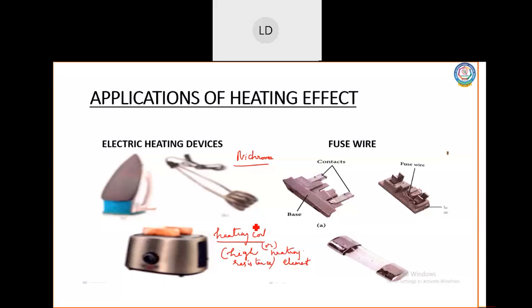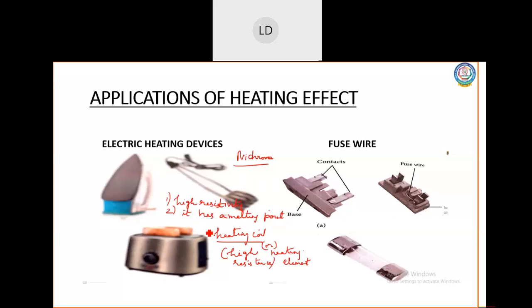Why do we use nichrome wire? Nichrome wire has very high resistivity, so it produces a large amount of heat. Similarly, it has a high melting point, so we use nichrome wire as a heating element.